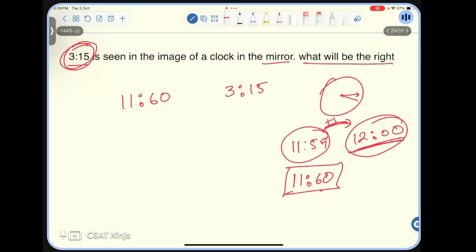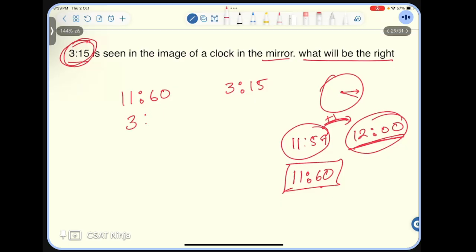So from this one you subtract 3:15. 0 minus 5 is 5, and 5 minus 1 is 4, and 11 minus 3 is how much? 8. So the answer here is 8:45.